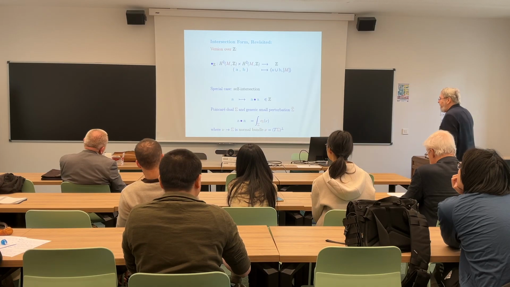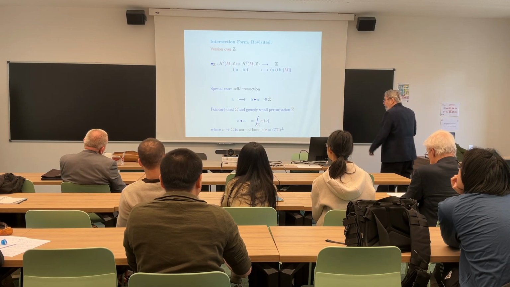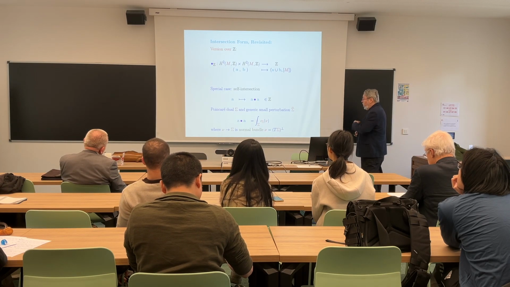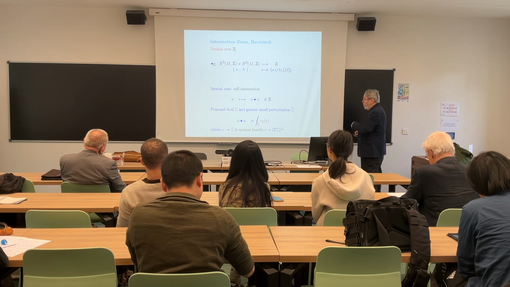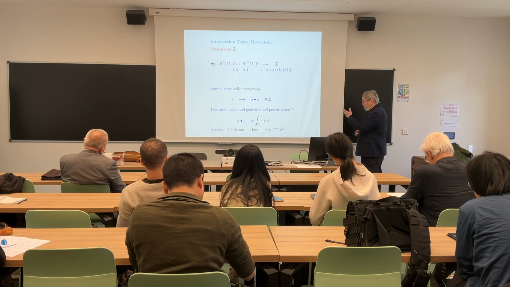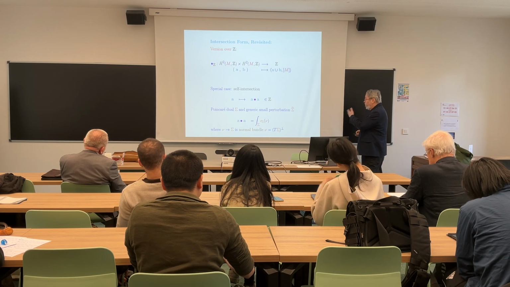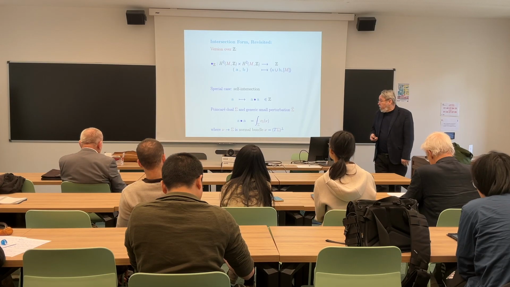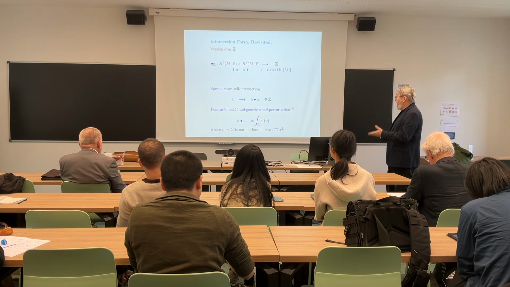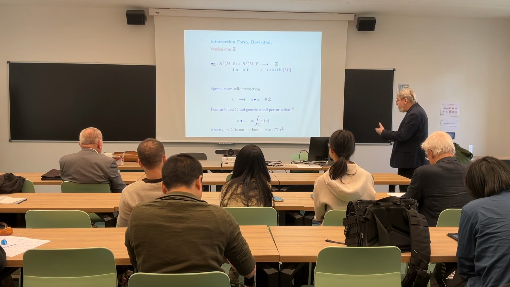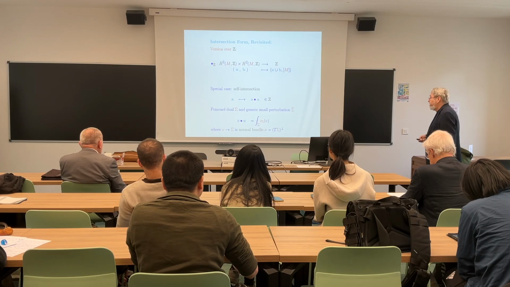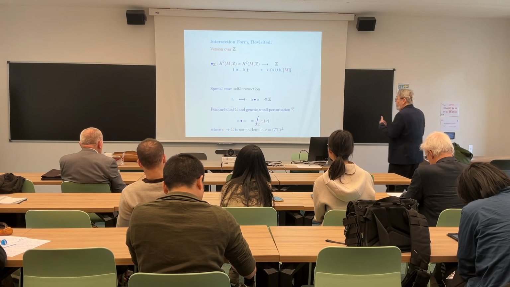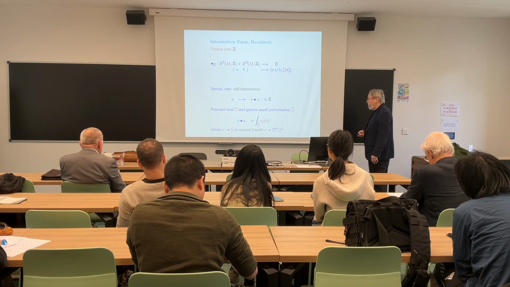So a different way of saying this is that you represent your cohomology class as being the Poincare dual of some surface. That surface has a normal bundle. This is a smooth embedded surface. And now what you can do is take the first Chern class of its normal bundle.